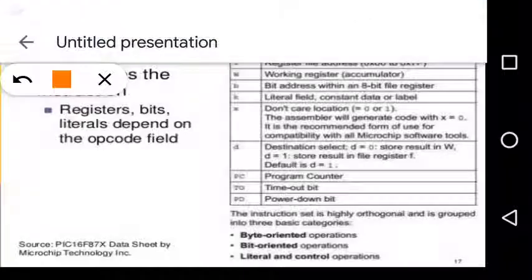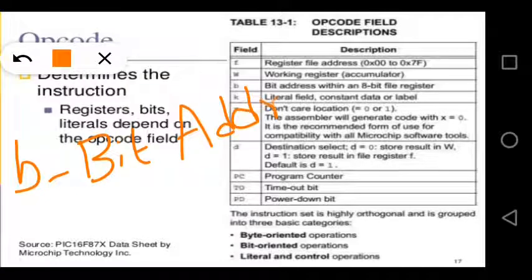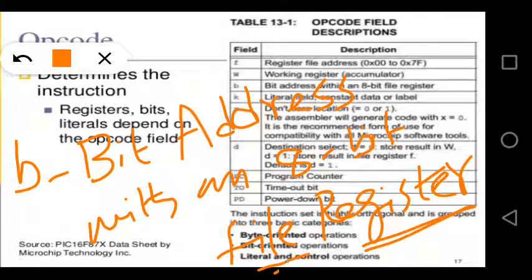Small b stands for bit address with an 8-bit file register.